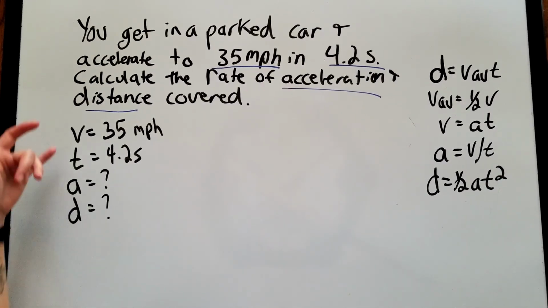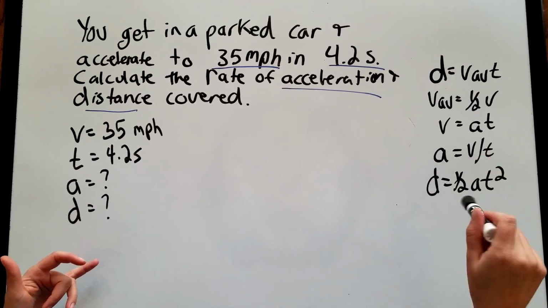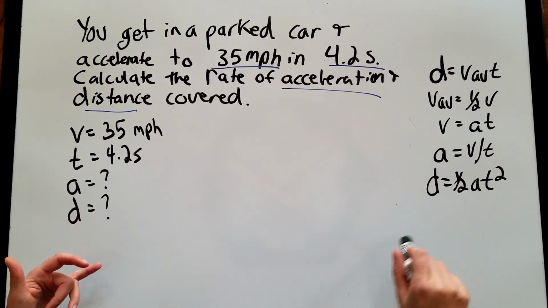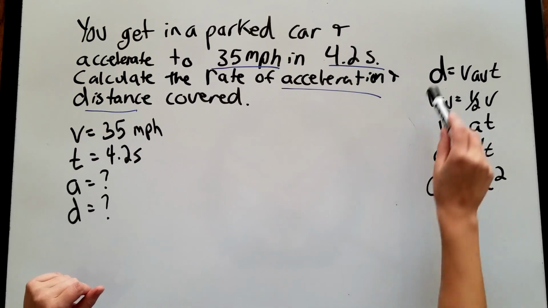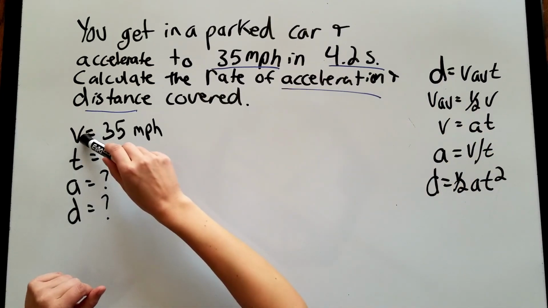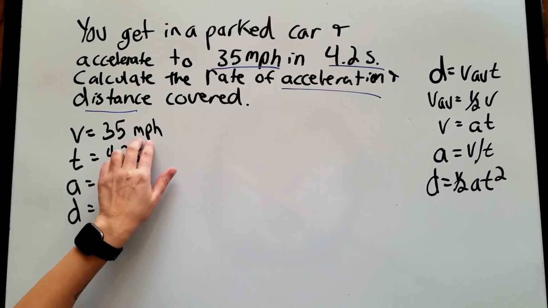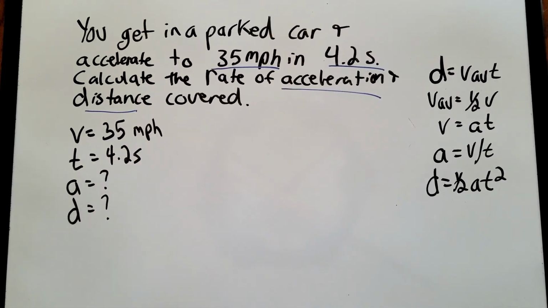So in order to use any of these values in these equations, they need to be in a specific unit. So distance, for instance, needs to be in meters. For velocity, it has to be in meters per second. Now, we don't have it in meters per second, so we're going to need to convert that.